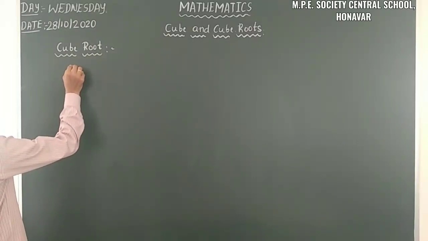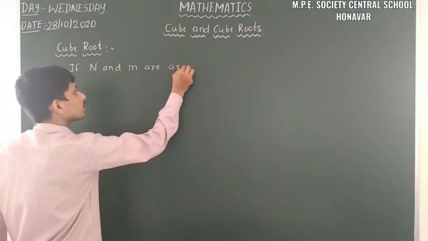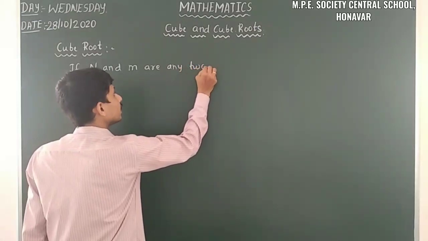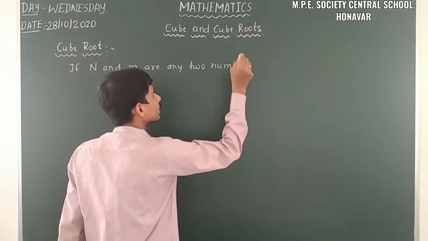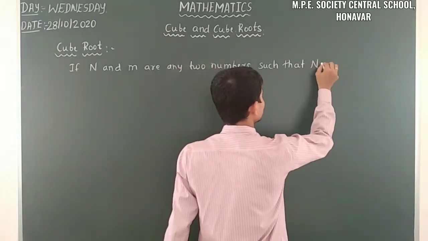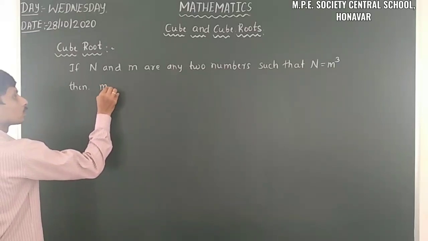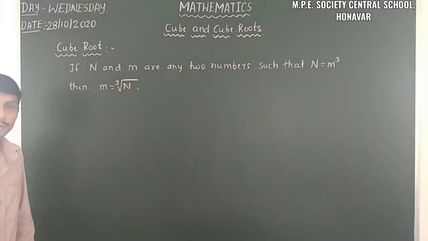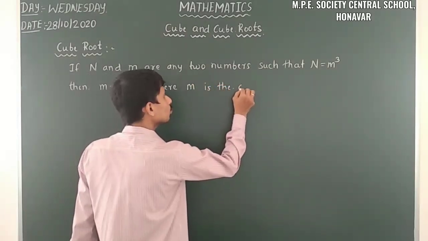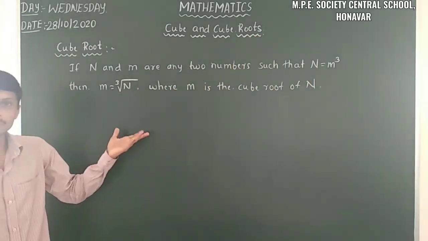That is, if n and m are any two numbers such that n is equal to m cube, then m is equal to cube root of n, where m is the cube root of n here.